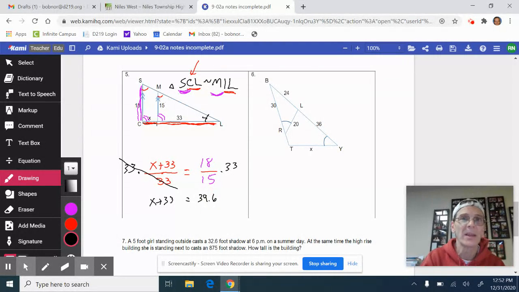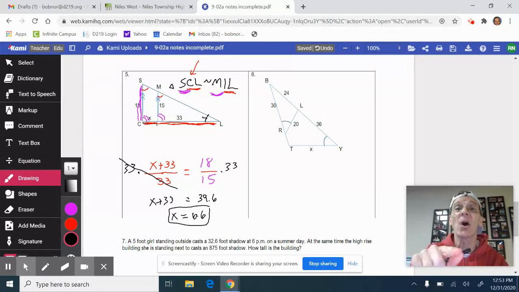I hope I have that right. If I made a mistake, it'll be corrected in the completed version of these notes. Well, now just subtract 33 from both sides, and you get x equals 6.6, which looks reasonable in the diagram, doesn't it? Okay. Two steps algebraically is all it took me to solve this problem because I didn't cross multiply.